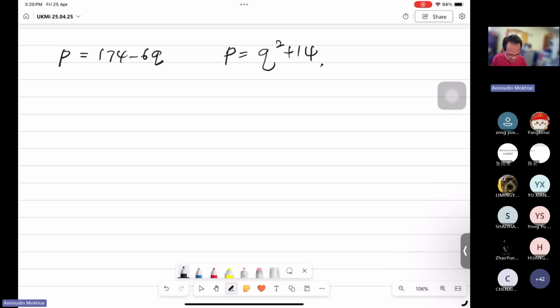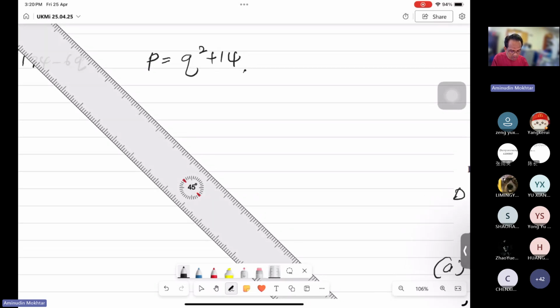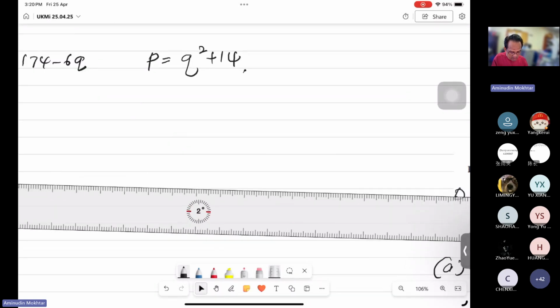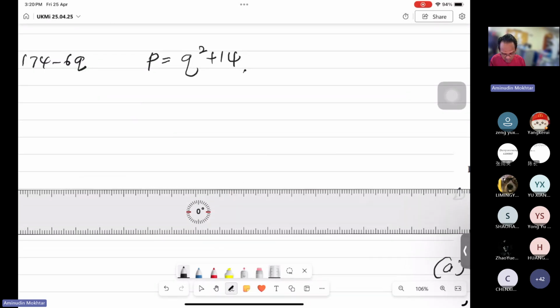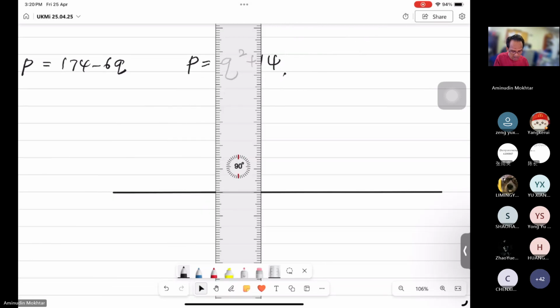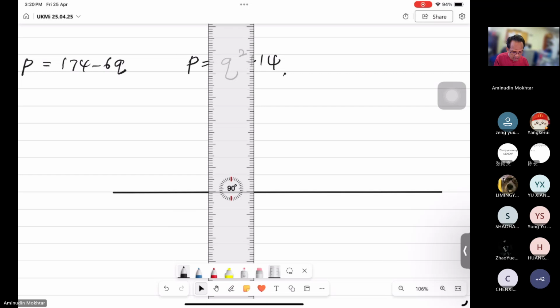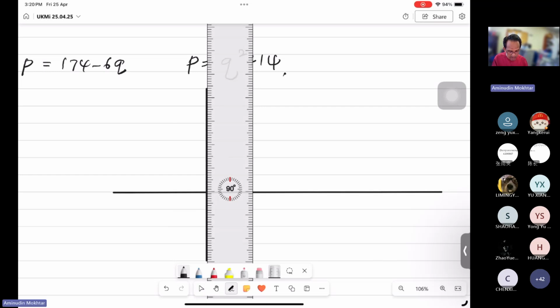I will show you how to draw. Let's say this is our x-axis, and now we have another axis.